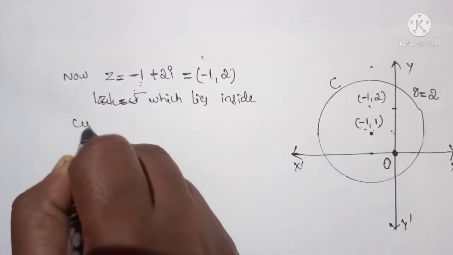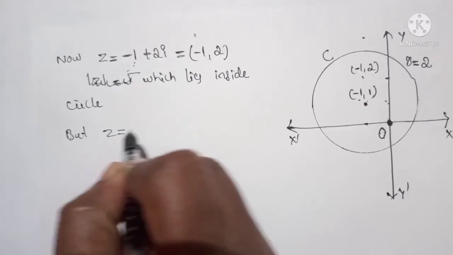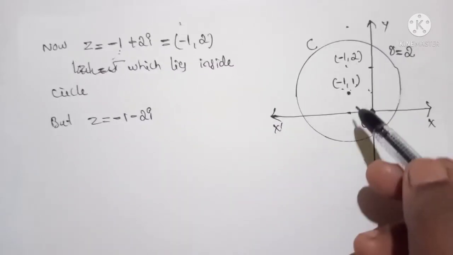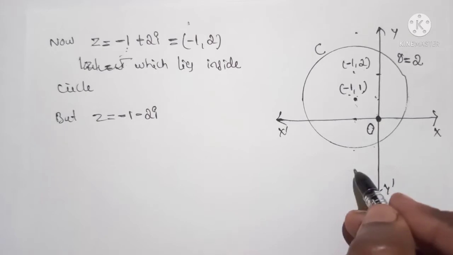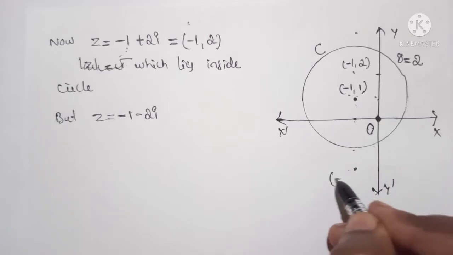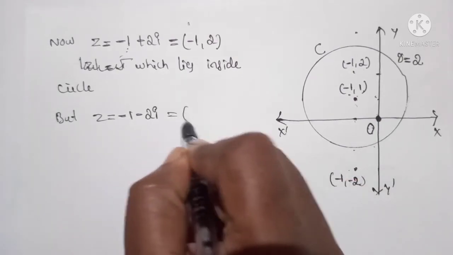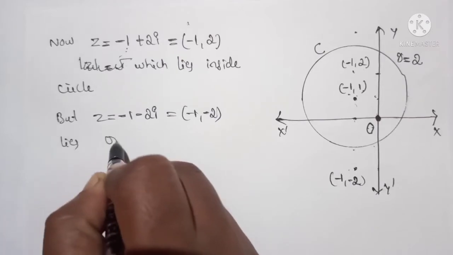But z equals minus 1 minus 2i, that is minus 1 comma minus 2, lies somewhere here, so it lies outside C.